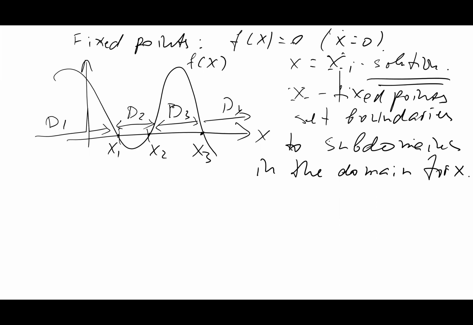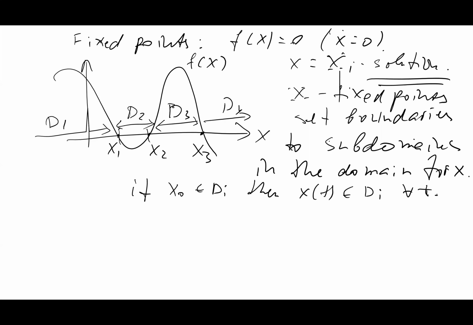Now, the next point is if our initial condition is in a certain domain, let's say in domain D1, then it can't cross the fixed point x1, and therefore our solution will always be in the domain D1. If x0 belongs to Di, then x of t also belongs to Di for any time.